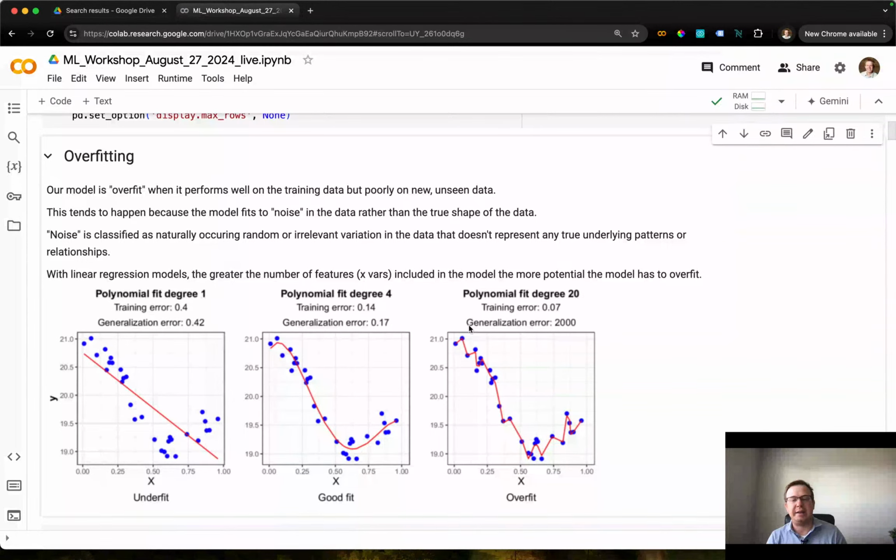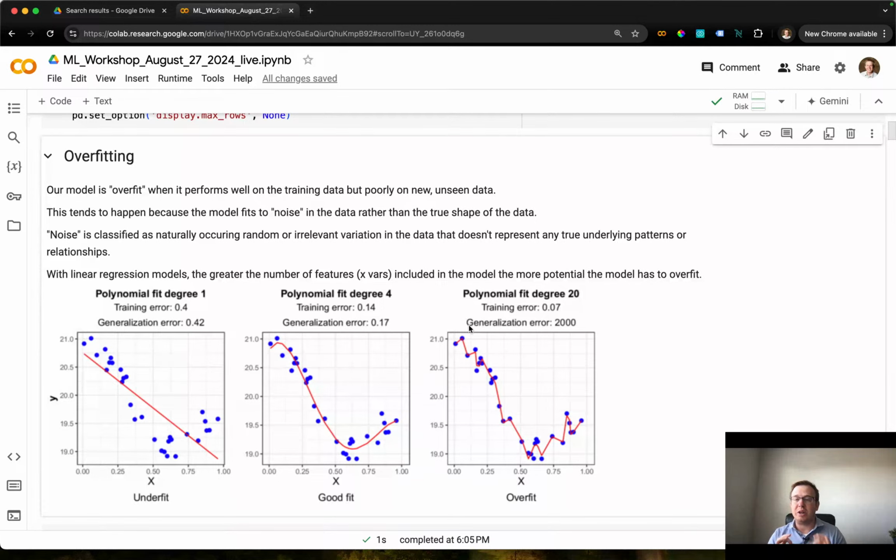What I want to talk about, and the reason why we need to use regularization with our linear regression model, is due to something called overfitting. A model is overfit when it does really well on the training data, with a really low error metric, mean absolute error, mean squared error, root mean squared error, whatever your metric is. It's low on the training data, but high or higher on the test data.